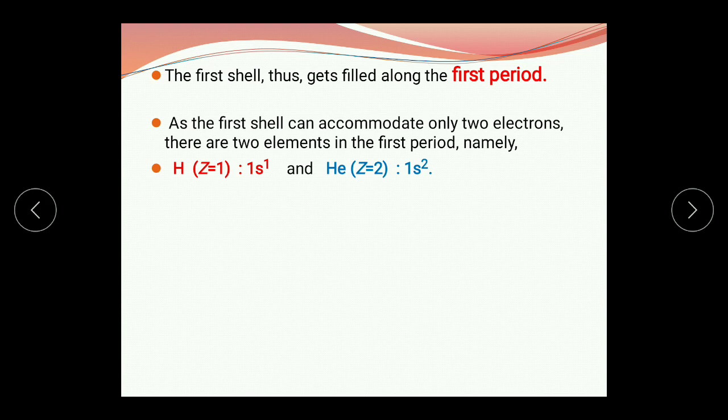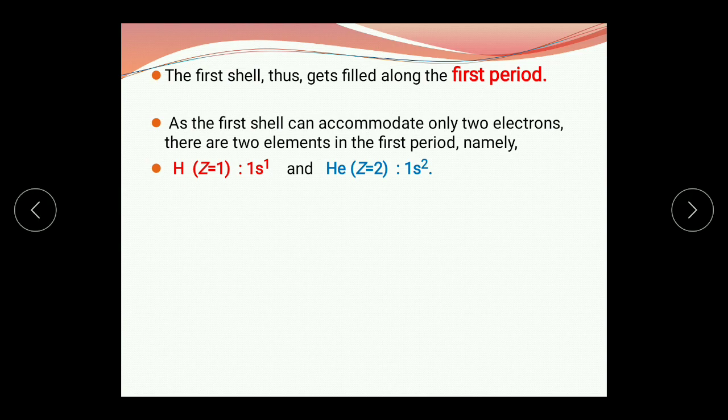First shell 2 and second shell 8, that means a total of 10 electrons. Up to neon, atomic number 10, the first and second shells are complete. Now, the 11th electron will go to the third shell because the second shell is complete now and our period also ends there.